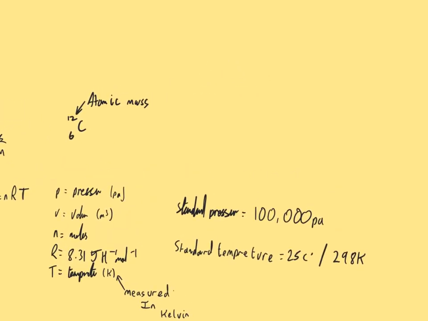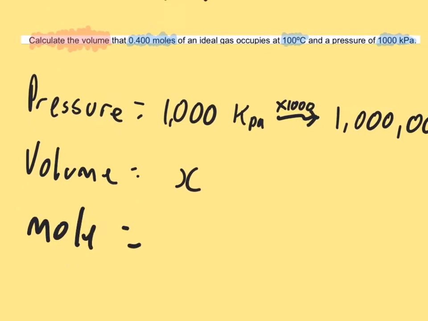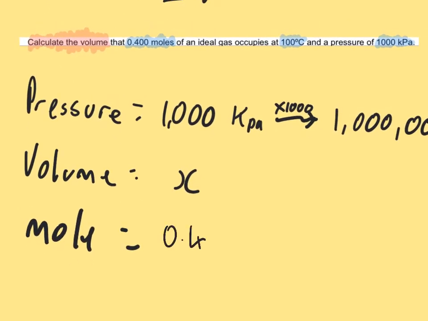So if we go for H2O, hydrogen has an atomic mass of 1 and oxygen has an atomic mass of 16. In this case, it's 2 hydrogens, 1 oxygen, 18. So that'll be the RFM for water. In this case, we don't need to do any of that. We've already got it, 0.400 moles.